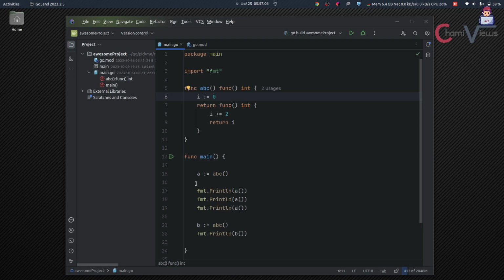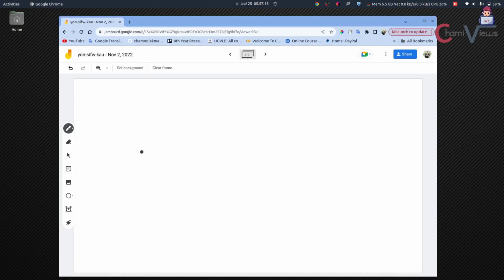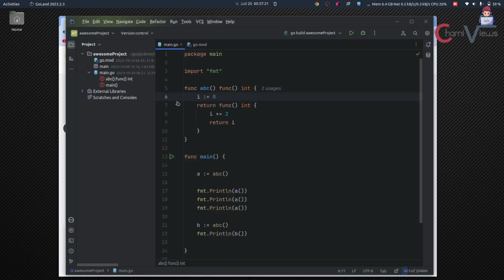Recursion is something like calling a function inside that function, right? I will demo some examples for you, then you can get a clear understanding.